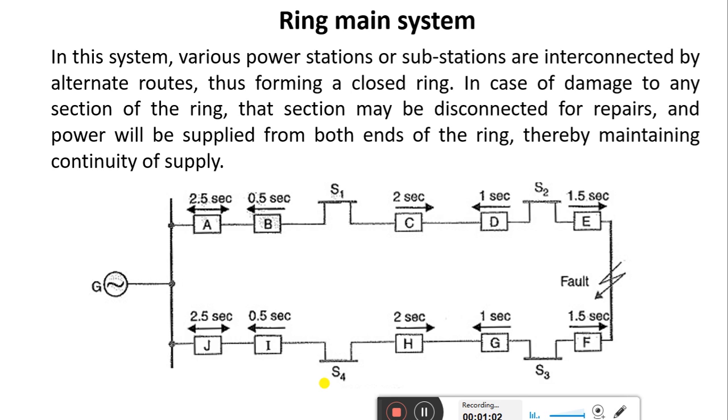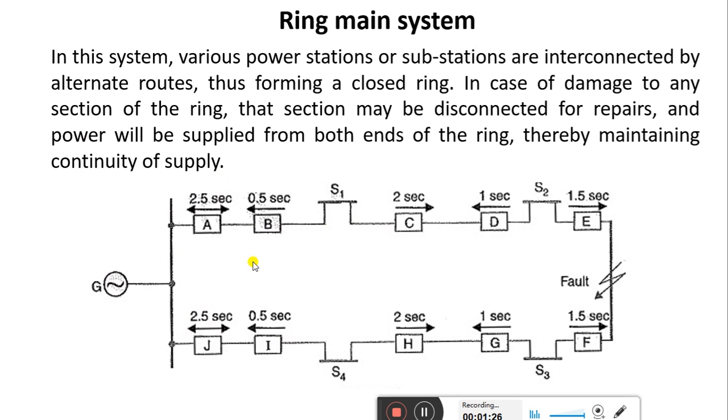Now as we look into the diagram which has been shown here, we have a generator source, a single generator source, which has been shown here. From this generator source two lines are going, let us say the top line and the second line.